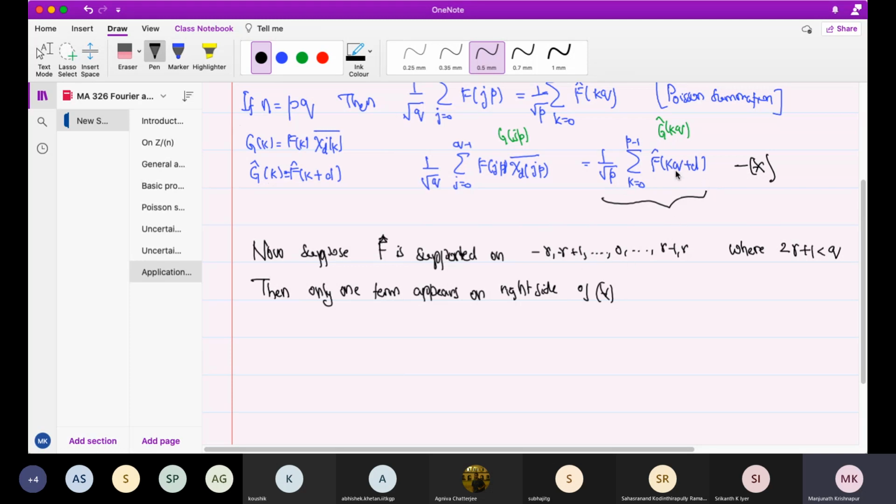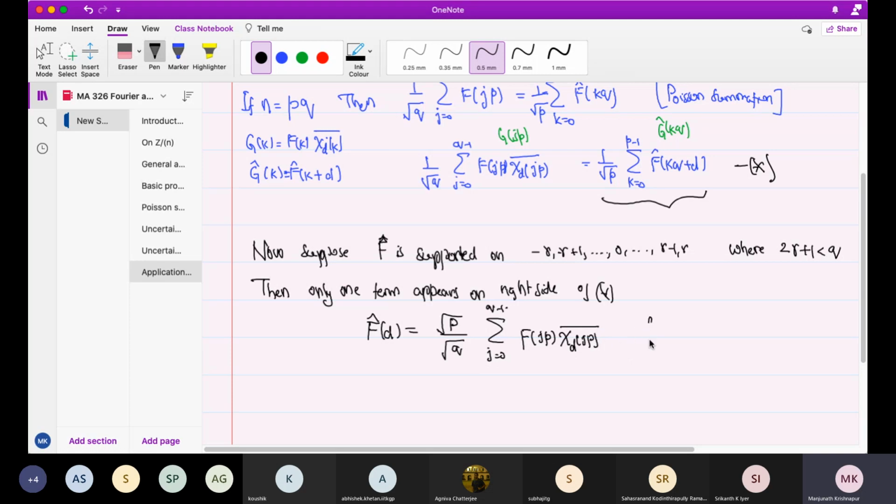So what we get, in other words, is that f hat of d is square root p by square root q times the sum over j equals 0 to q minus 1 of f of jp chi d of jp conjugate.